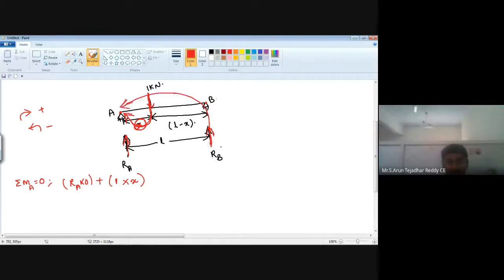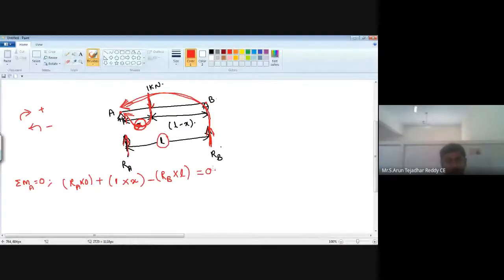It is moving in this direction, that is the anti-clockwise direction. So minus RB, multiplied with the perpendicular distance from point B to point A, that is L. RB into L is equal to 0.